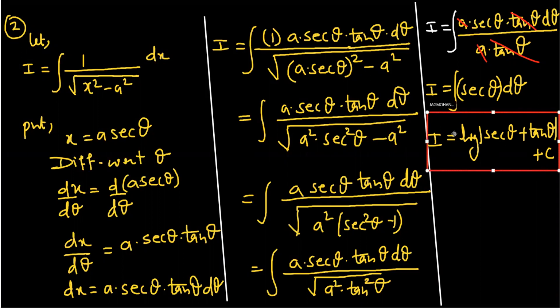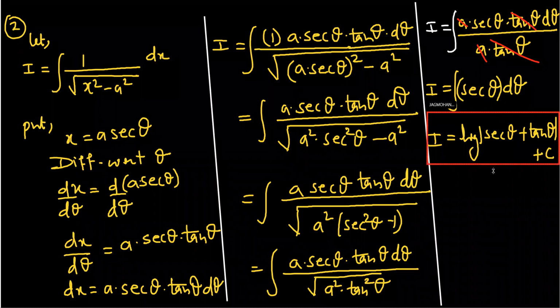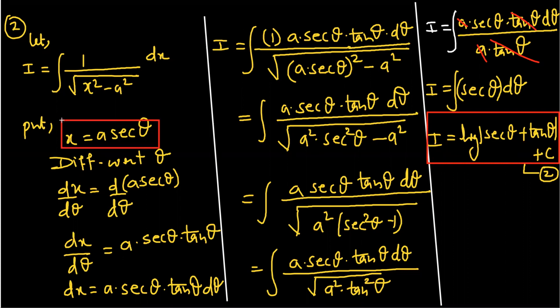It is only the end of the integration. Now we don't have to integrate anymore because we are done with the integration. This is equation number 2. But then what I notice is that in this I still have sec theta and tan theta, which I need to remove and write in terms of x. So where will I get that from? I will get it from this.